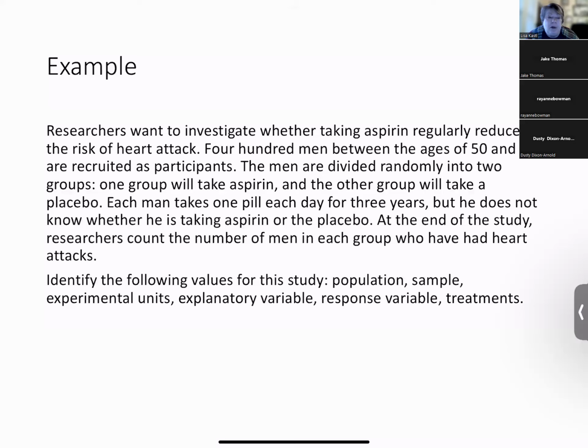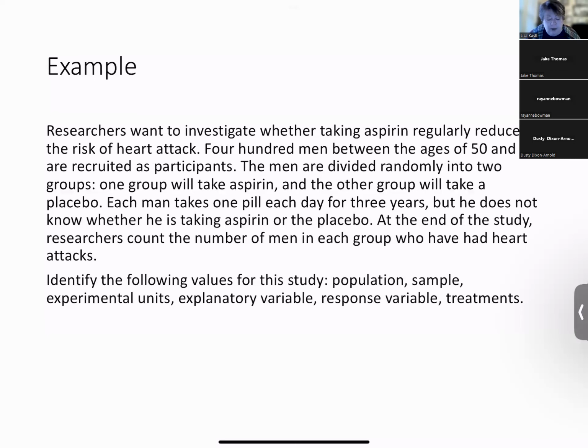Each man takes one pill each day for 3 years, but he does not know whether he's taking aspirin or the placebo. At the end of the study, researchers count the number of men in each group who have had a heart attack.